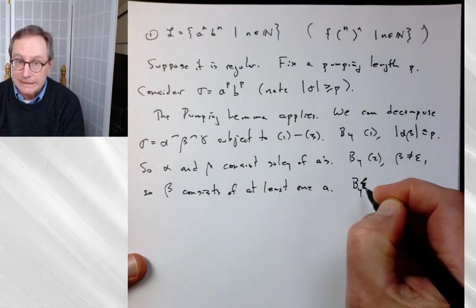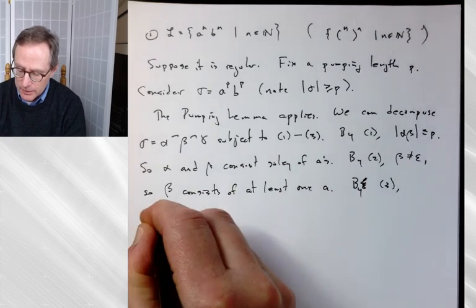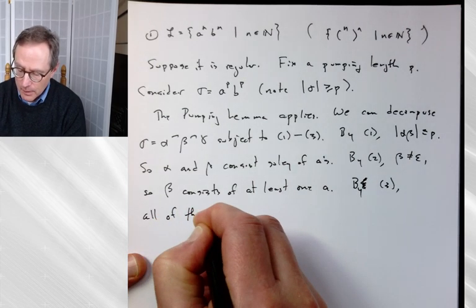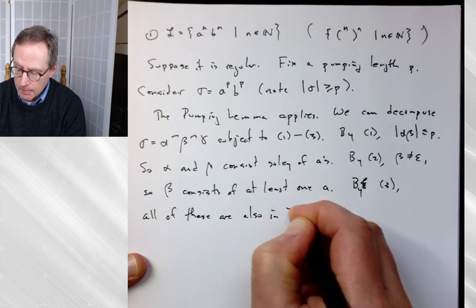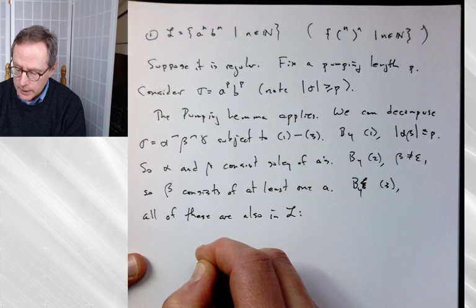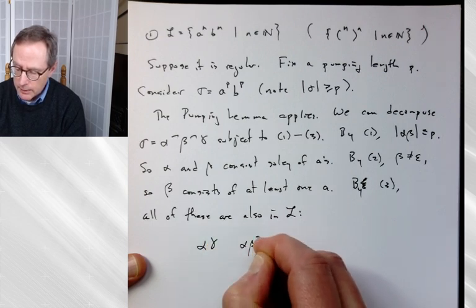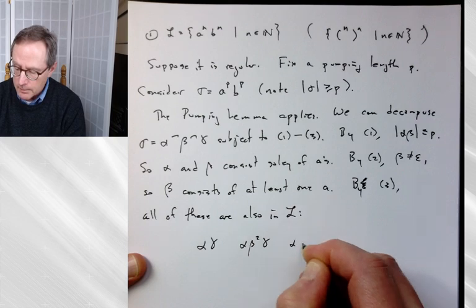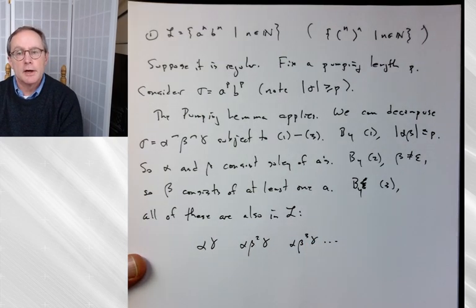By condition 3, all of these are also in the language: alpha gamma, alpha beta squared gamma, alpha beta cubed gamma, etc. And I'm going to find a contradiction there.